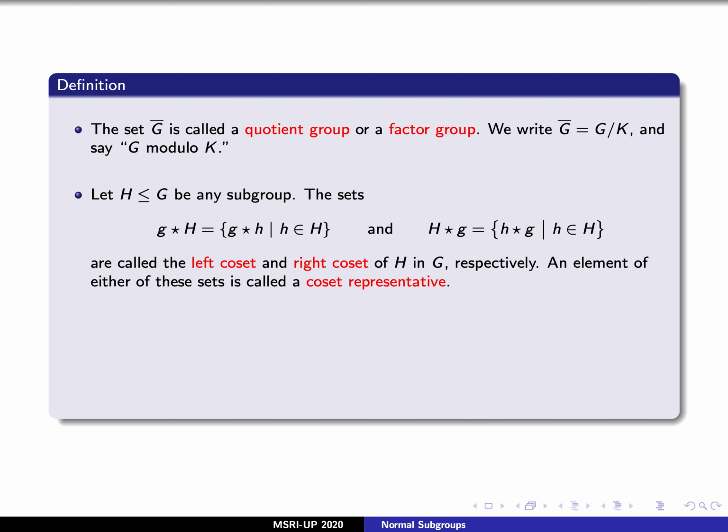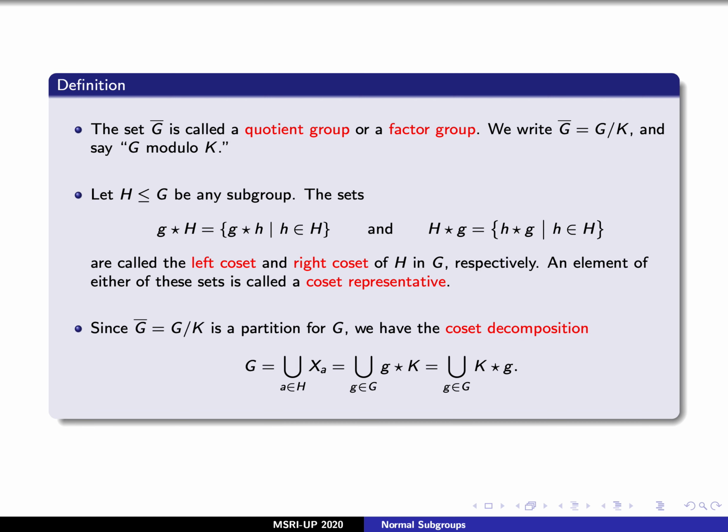Let's let H now be any subgroup of G. We'll consider the sets g star H, this is a left coset, and H star g, this is a right coset, as our coset representatives. Again, remember that here H is any subgroup. It's not going to be the kernel of a group homomorphism in general. Since Ḡ is a partition for G, we have a coset decomposition.